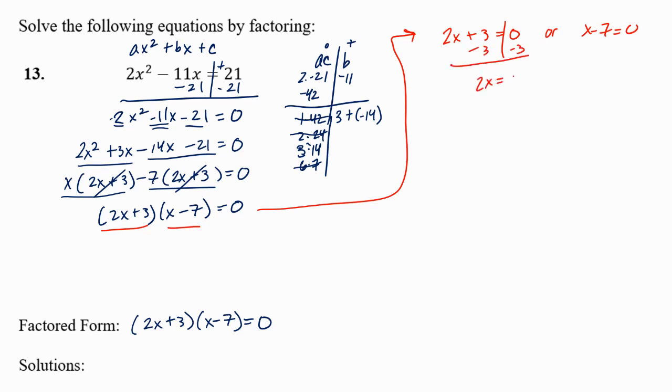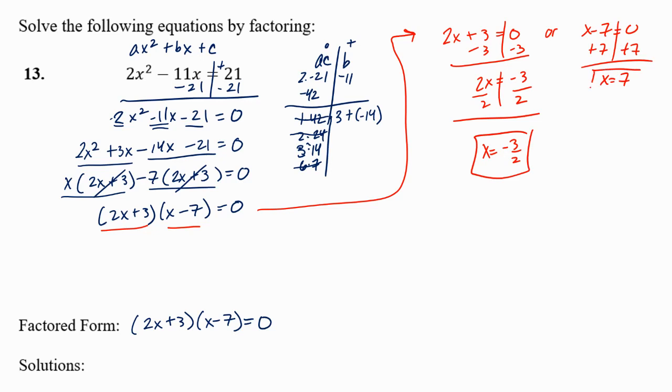We're left with 2x is equal to negative 3. Divide both sides by 2. We're left with x is equal to negative 3 halves. Okay, and this one just adds 7 to both sides. We're left with x is equal to positive 7. So my solutions are x equals negative 3 halves and x is equal to 7.